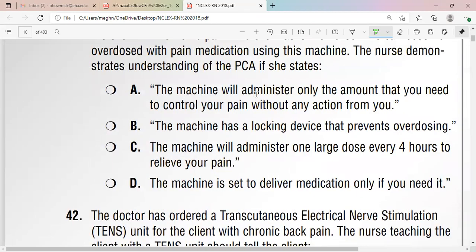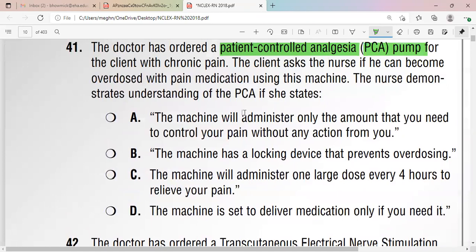A, the machine will admit only the amount that you need to control your pain without any action from you. Number B, the machine has a locking device that prevents overdose. Number C, the machine will admit 1 large dose every 4 hours to relieve the acute pain. Number D, the machine is set to deliver medication only if you need it.